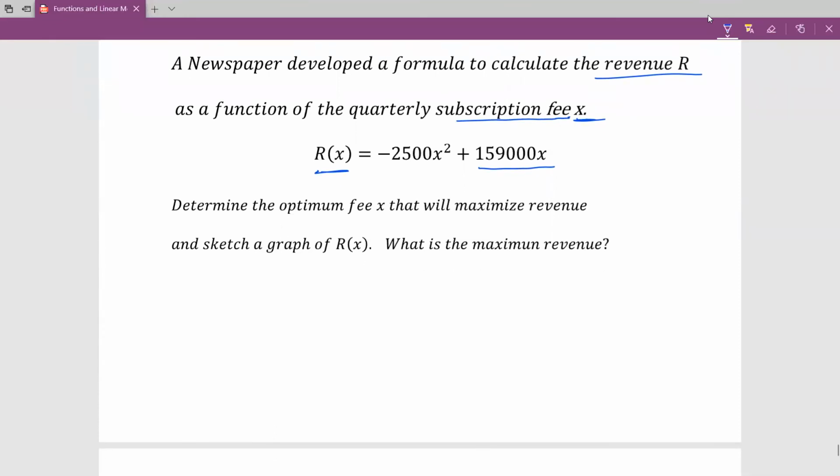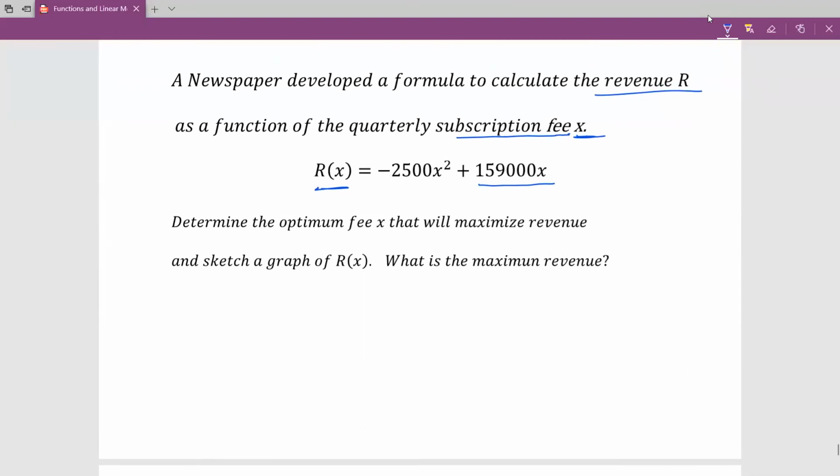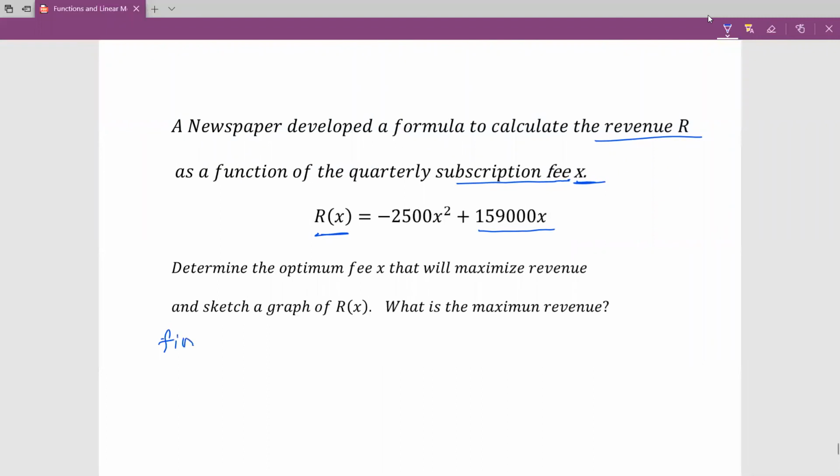So what we want to do is find the vertex. h is equal to -b over 2a, which is going to be -159,000 over 2a, which is 2 times -2,500, which is equal to 31.8.